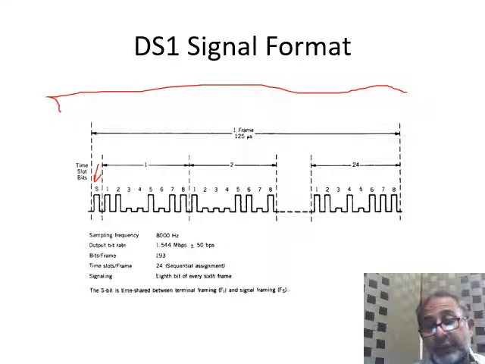This is the first time slot, this is the second time slot, and this is the 24th time slot. Basically these are the 24 time slots, and the S is the first bit. If we multiply 24 with 8, these are all 8 bits in this time slot.